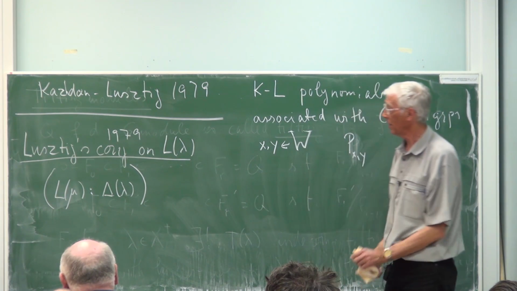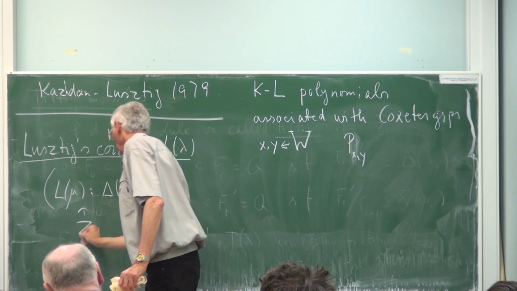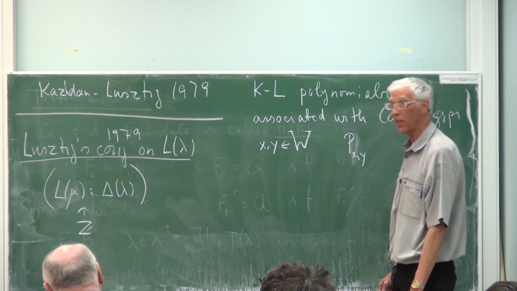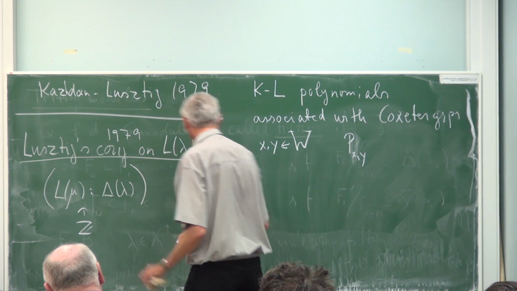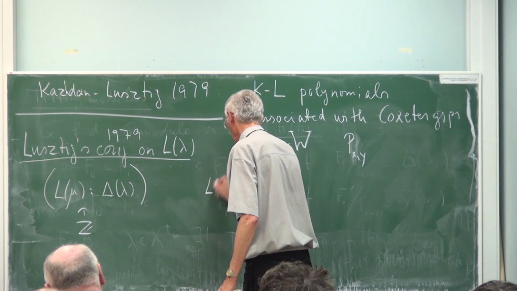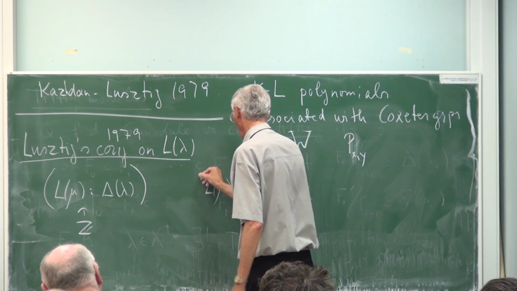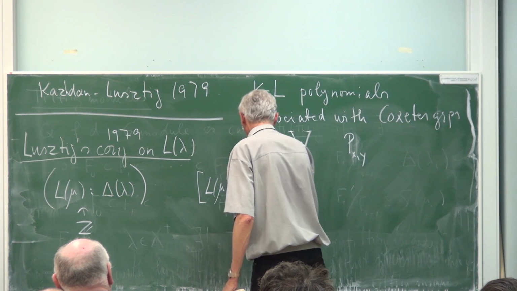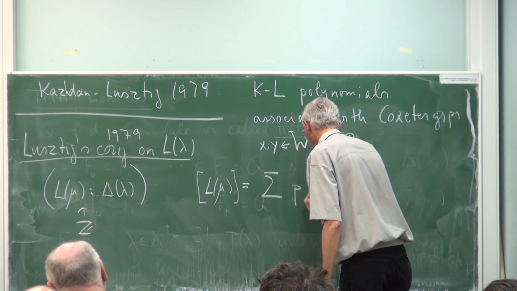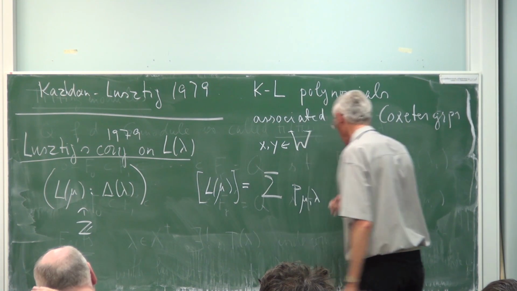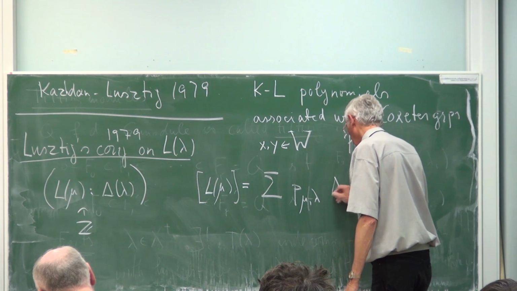So these are the inverse matrices. Now these are integers, not necessarily positive. What I'm saying is that you can write the module virtually as a sum where you get certain numbers p mu lambda times delta lambda.